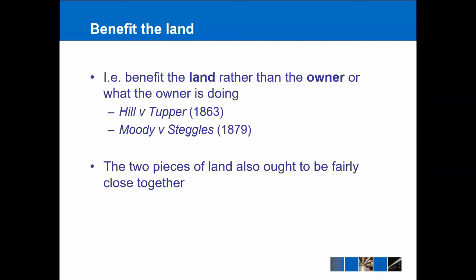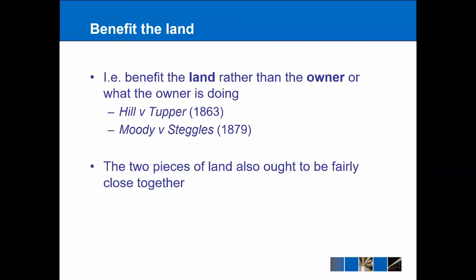The person was using the land in a way that basically allowed them to run pleasure boats on a canal owned by another person. And the question was, does that count as an easement? And what the court said was that no, it's not an easement, because really it's about benefiting the business or benefiting the owner of the land rather than actually benefiting the land itself.